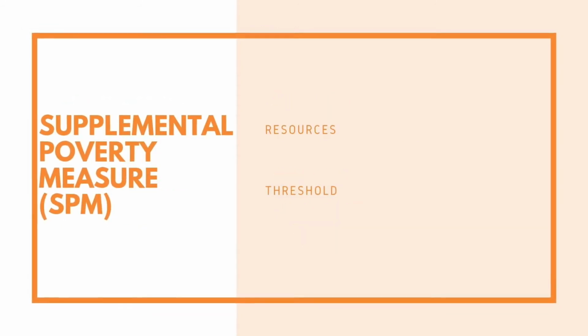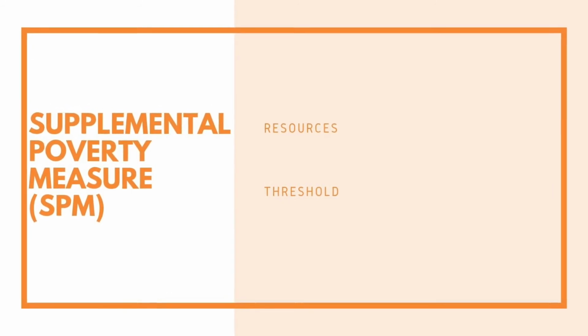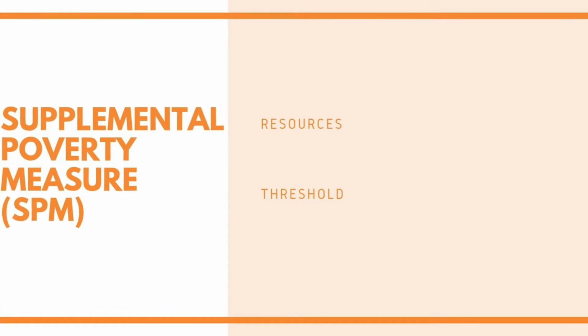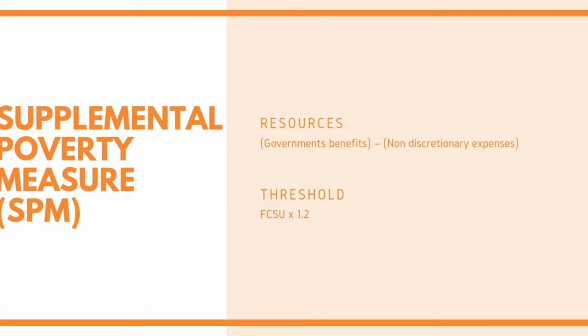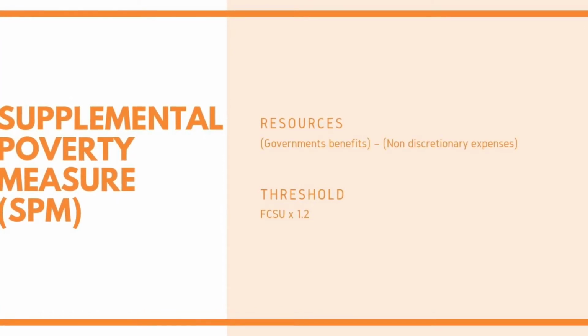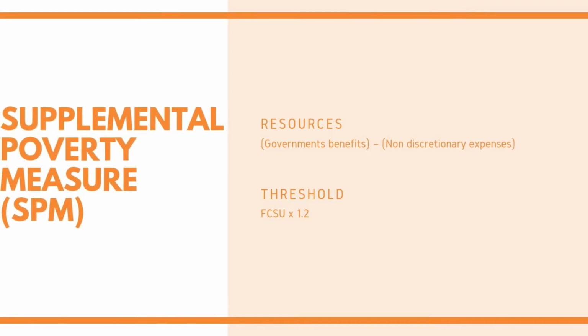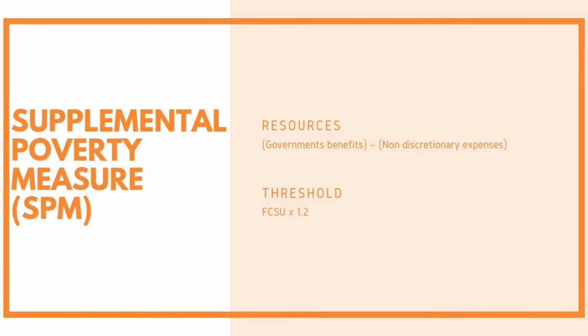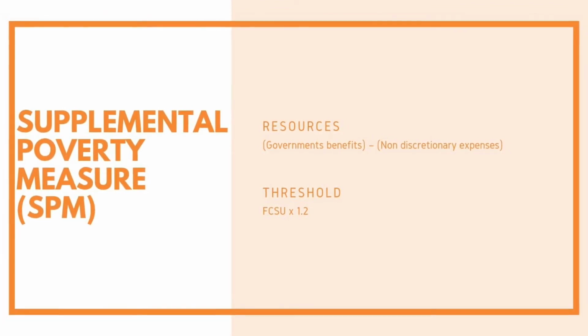Another way to measure poverty is the Supplemental Poverty Measure. The SPM fixes some problems with the OPM by including government benefits, like food stamps and housing subsidies, while subtracting non-discretionary expenses, including taxes, work expenses, and medical out-of-pocket expenses.